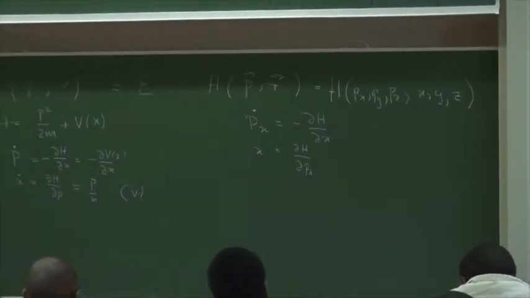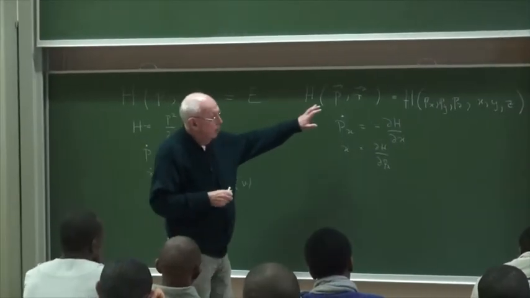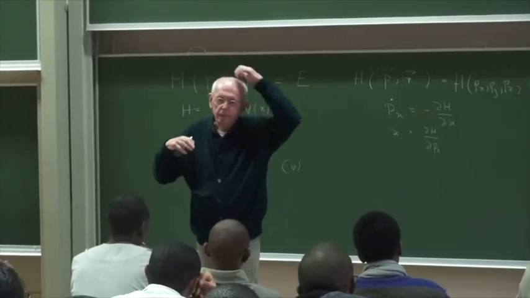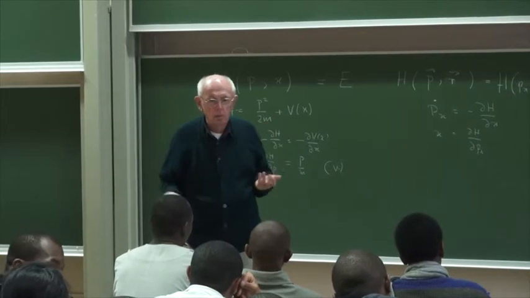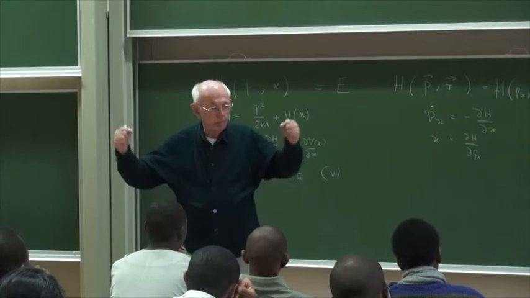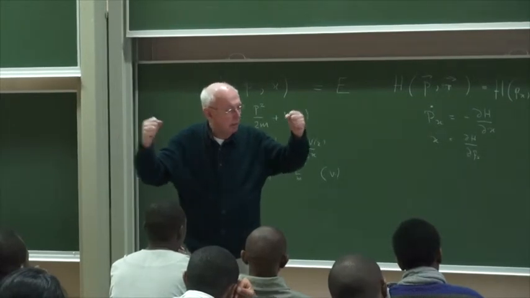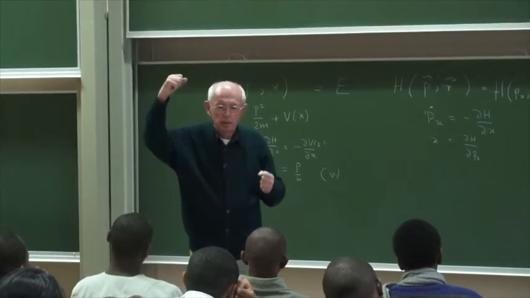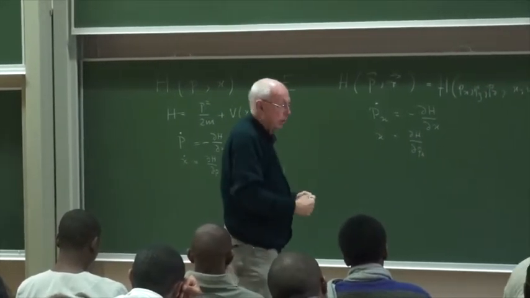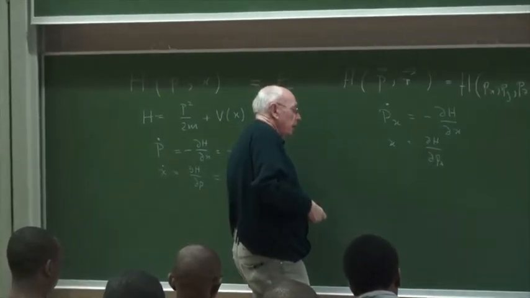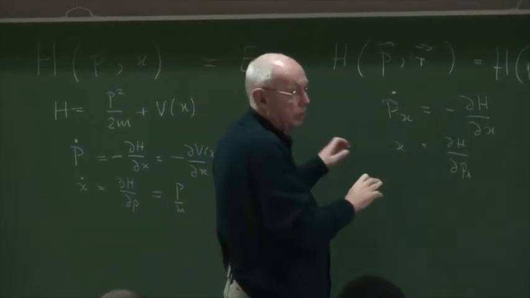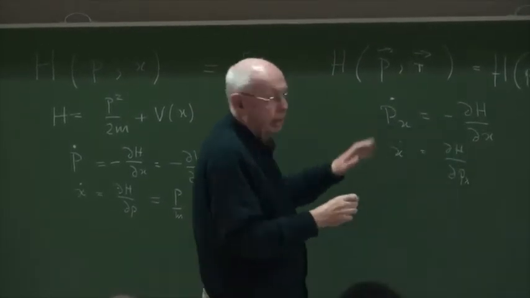Now what is nice about this formalism is that I can immediately expand it to more particles. I can say, well, what do I do if I have 2 balls and they attract each other? Say the Earth and the Moon, or something like that. Then the Hamiltonian theory tells me you just carry on doing this.